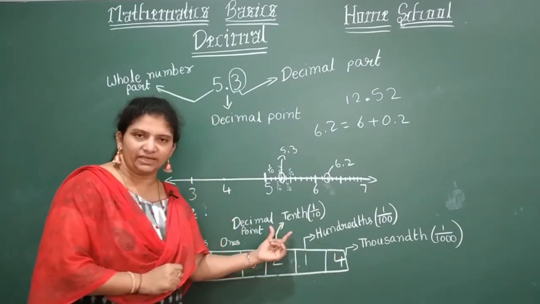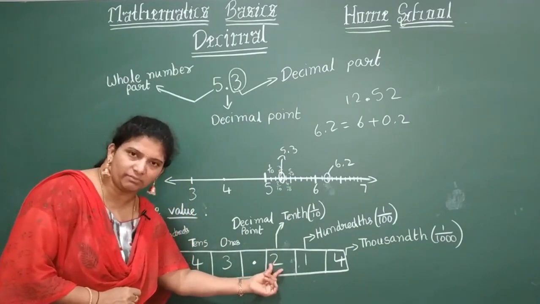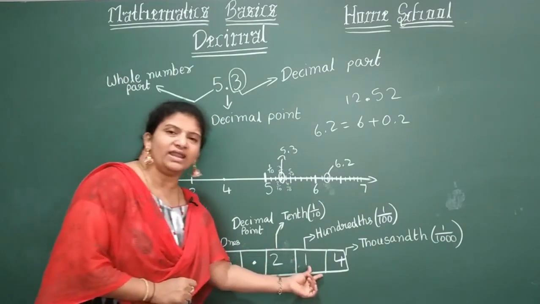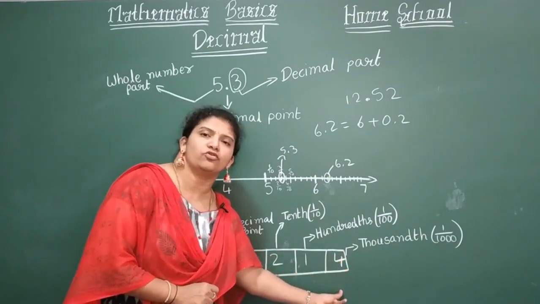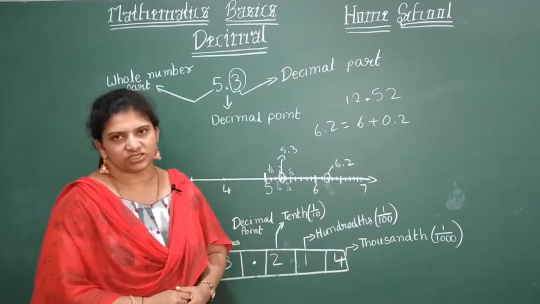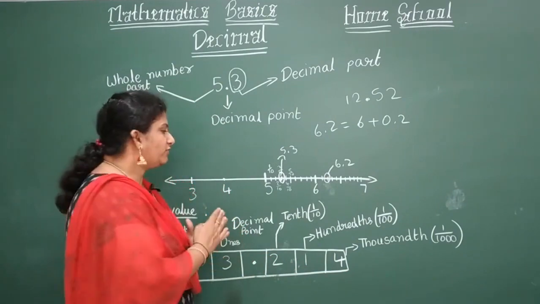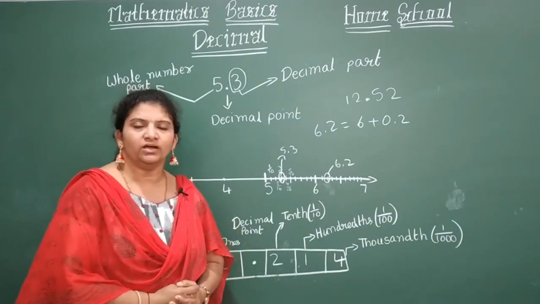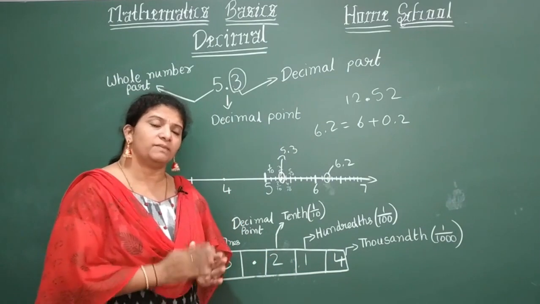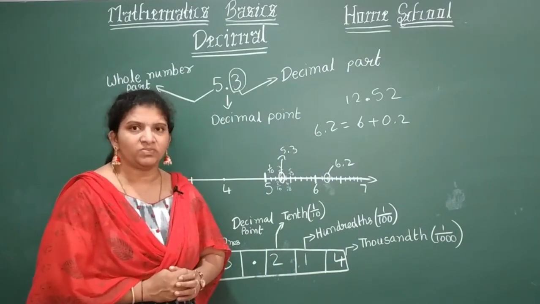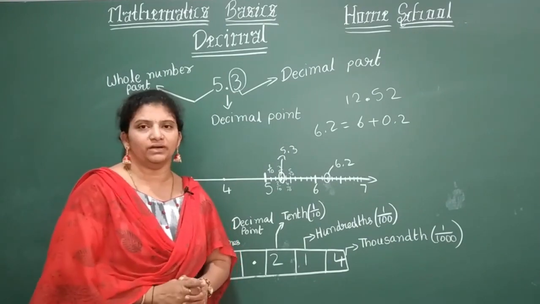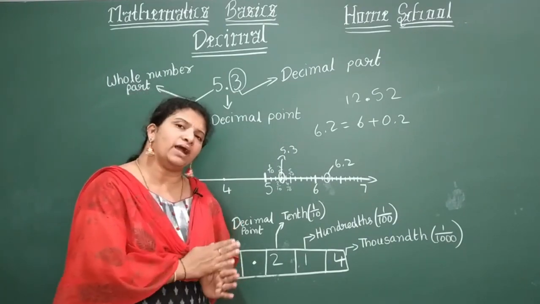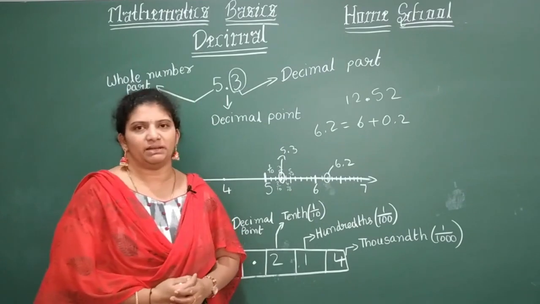Okay, so it means this number 2 is in the 1 by 10th position, 1 is in the 1 by 100th position, and 4 is in the 4 by 1000th position. So to read a decimal number, you have to observe the place values carefully. The decimal point divides a number into a whole number part and a decimal part.